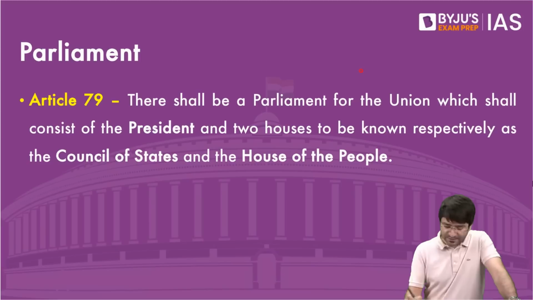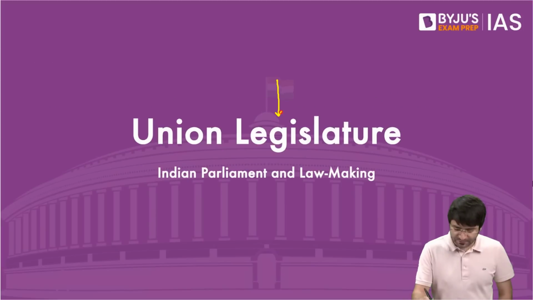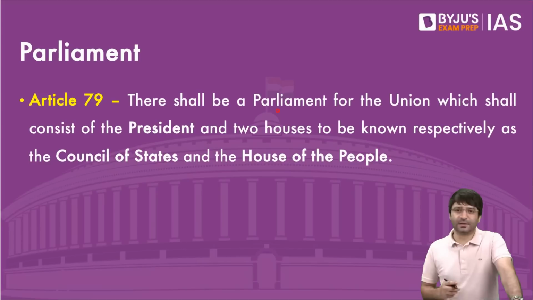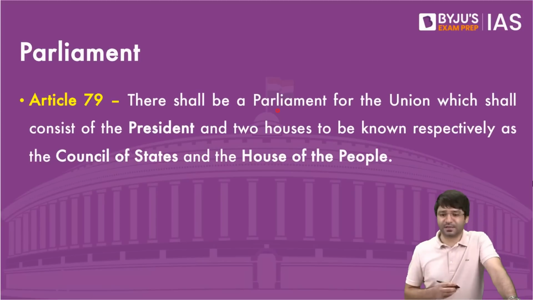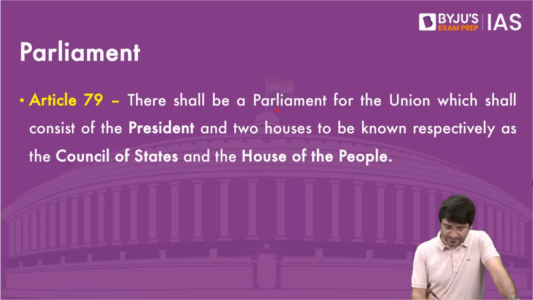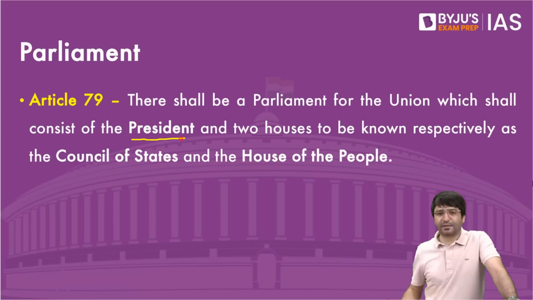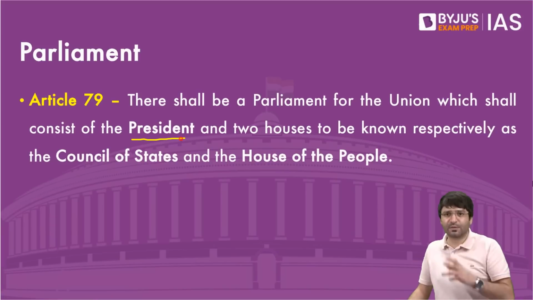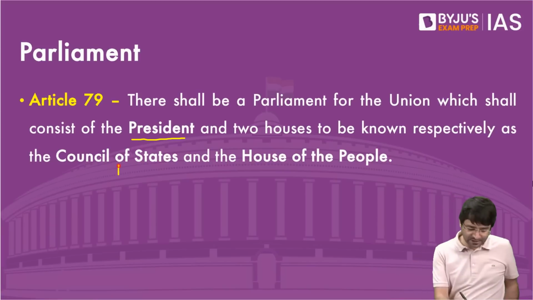Let's proceed to union legislature. According to Article 79, the Indian Parliament consists of the President and the two houses, which are known as House of People, Lok Sabha, and Council of States, Rajya Sabha.